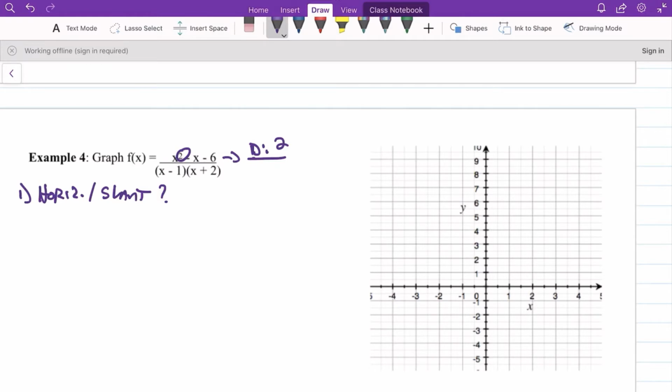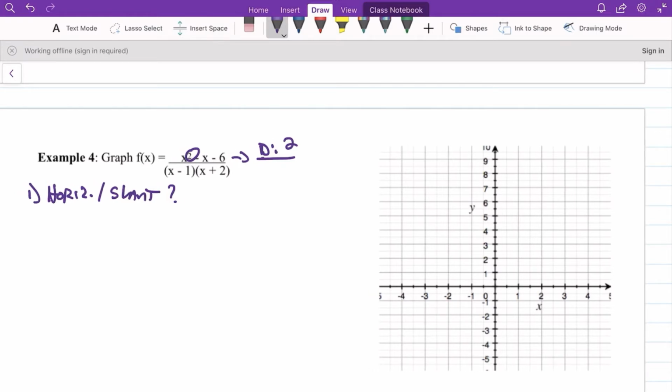And the denominator has already been factored for us, so really I have x to the first and x to the first. And if you were to multiply these factors out, you would realize that the degree of the denominator would also be 2. All right? So that would mean that we have equal degrees in the denominator and the numerator.